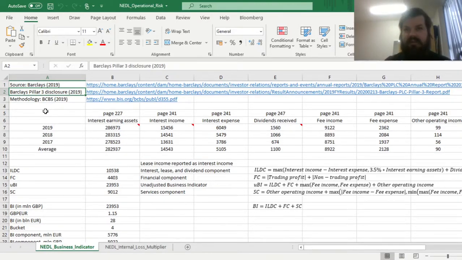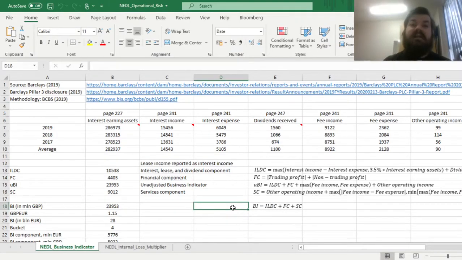And the methodology on which we're basing our calculations is taken straight out of Basel's documentation on the new standardized measurement approach for operational risk. The key centerpiece of operational risk calculations is the business indicator.